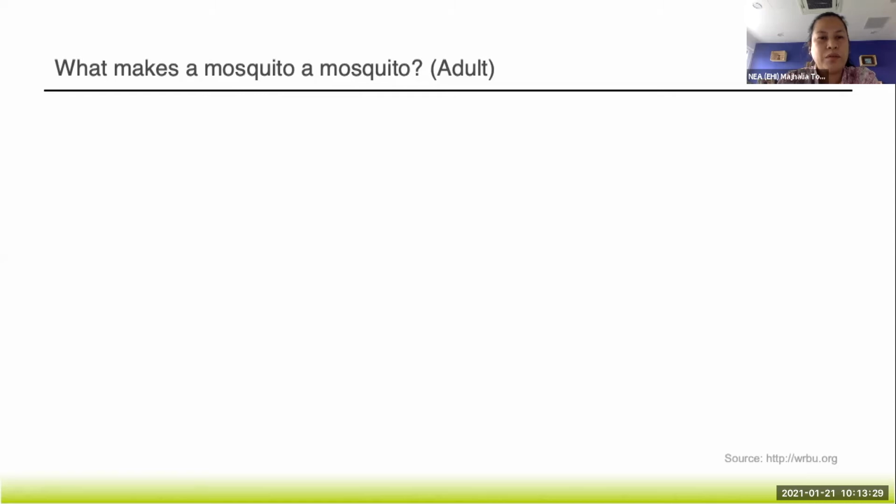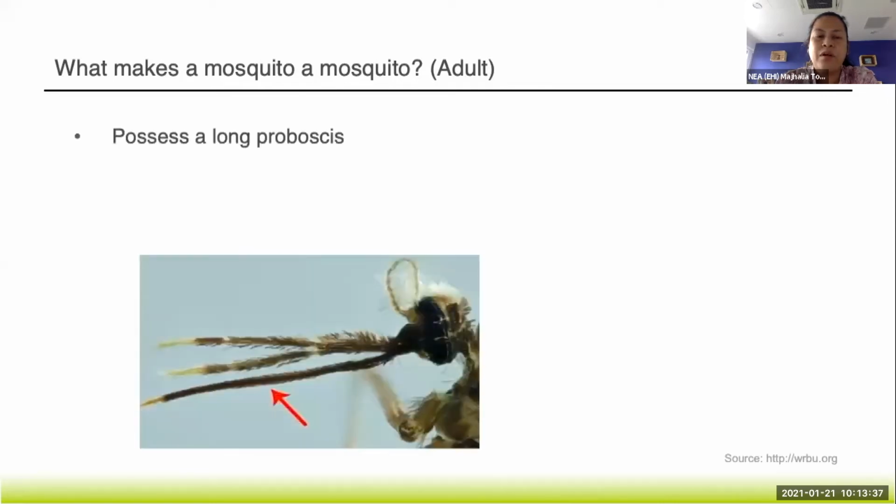So for mosquitoes, they are really quite distinct actually. The first thing that you have to look out for will be the presence of a long proboscis. You can see from the picture there is a red arrow. Above it will be the two maxillary palpi. This is actually a photo of an Anopheles mosquito.